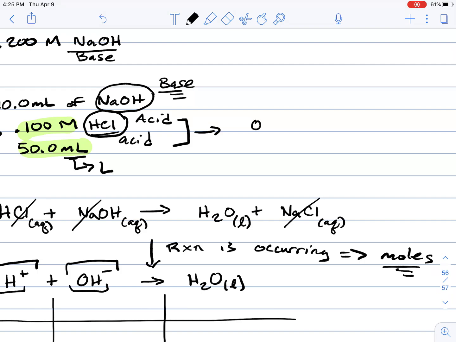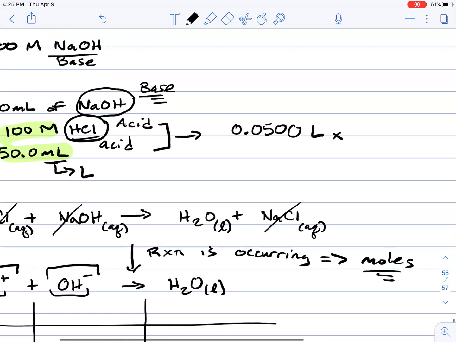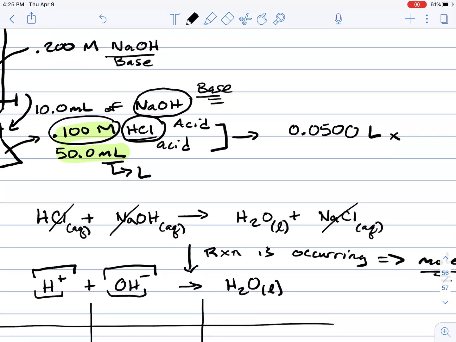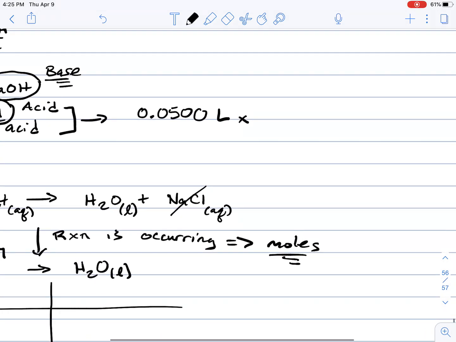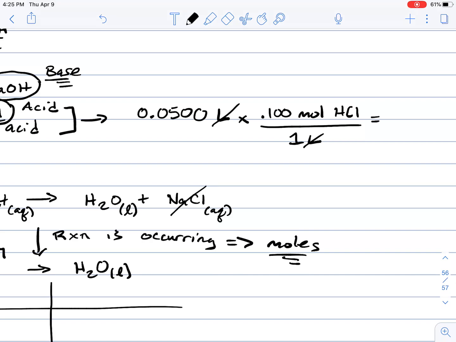So that's going to be 0.0500 liters. Then I multiply this by the concentration, and I'm going to expand that concentration unit in terms of moles and liter. And so I have 0.100 moles of hydrochloric acid for every 1 liter of it. Okay. Volumes are going to cancel.